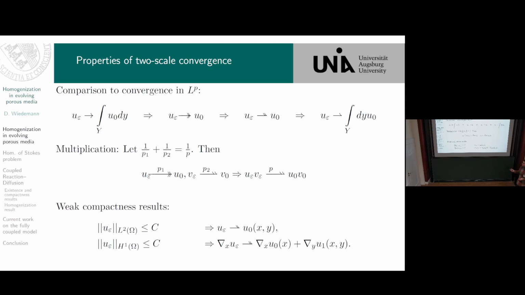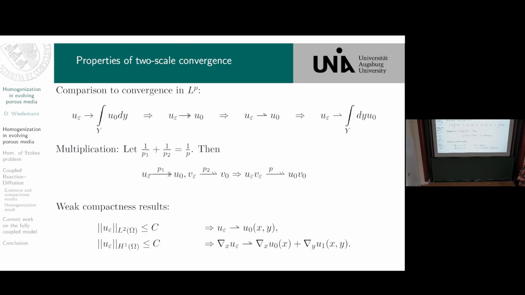And now the critical point is if we have also a bound for the gradients itself, then we can pass also to subsequence to get the gradients not only converge to the x gradient of the function u0 of x, like in the classical weak compactness results for Sobolev spaces, but we get additionally some correction, which is in y gradient of some corrector u1. And this additional information will allow to do basically the homogenization.